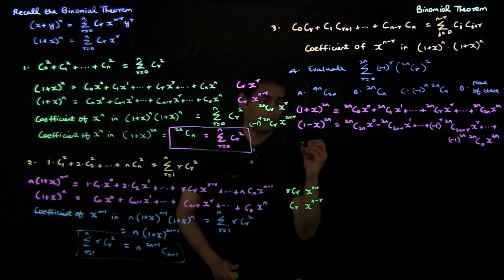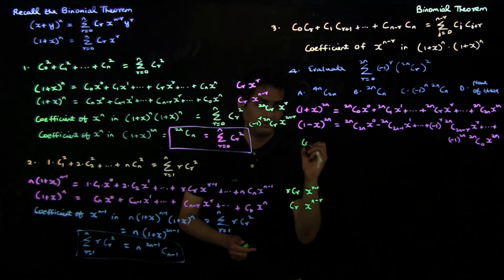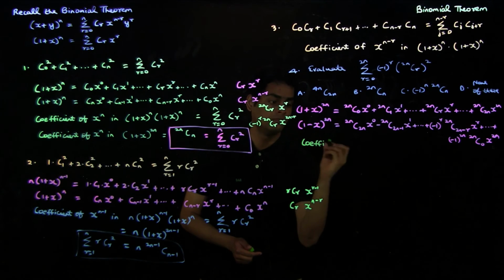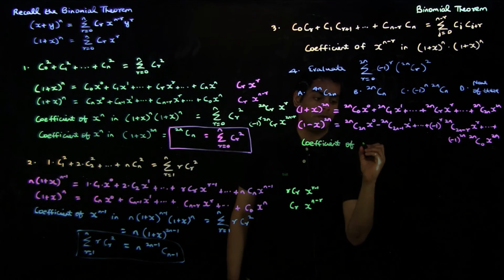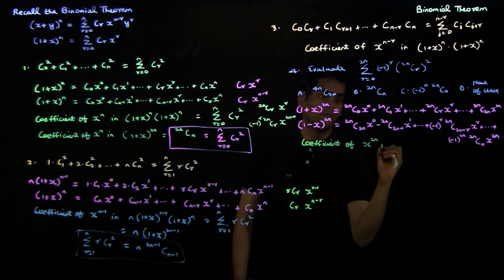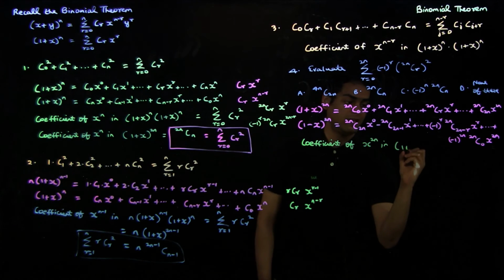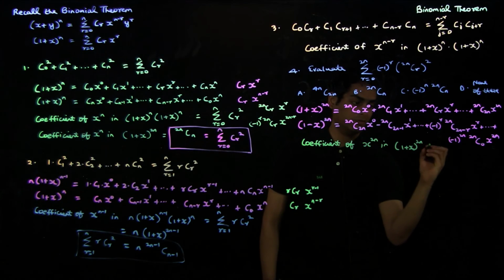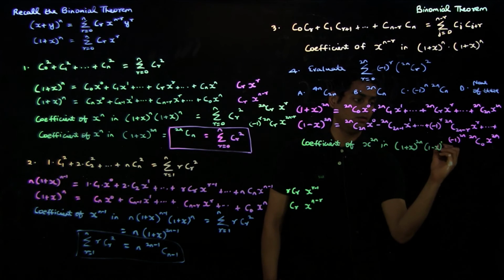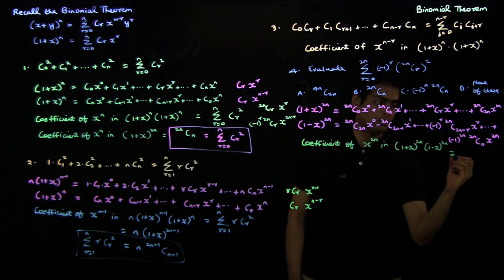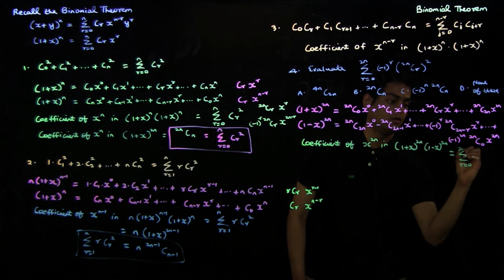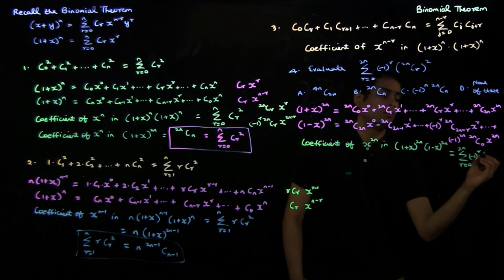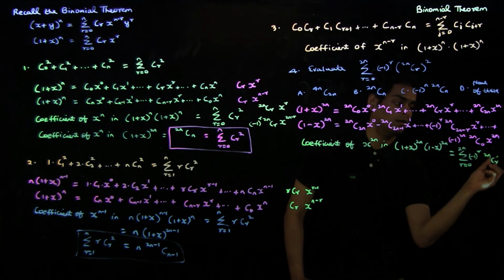So we have that the coefficient of x power 2n in 1 plus x whole power 2n times 1 minus x the whole power 2n equals summation r equal to 0 to 2n of minus 1 power r 2n cr the whole square.